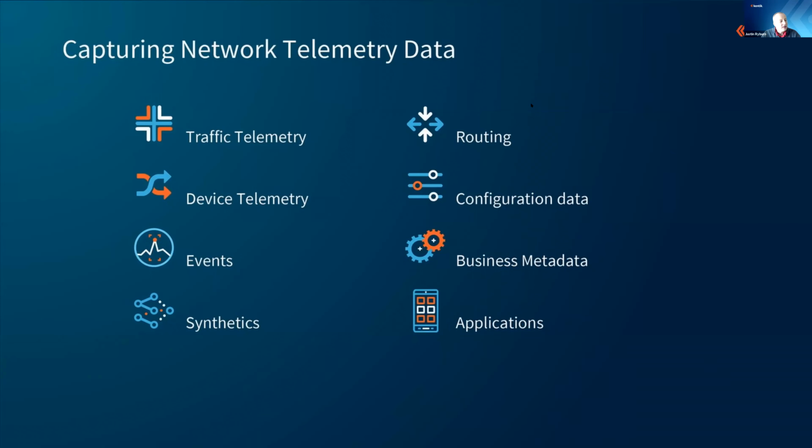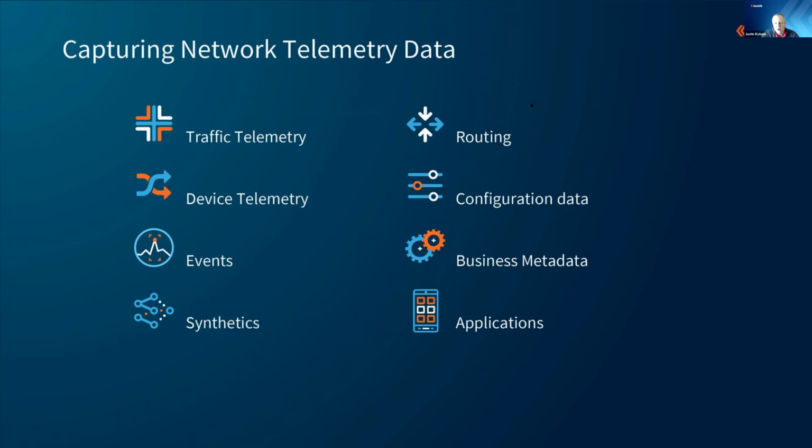So you need that. Device telemetry, so things like CPU and memory, interface errors, buffer depth, all kinds of different pieces of device telemetry that we can get off the router, whether that's sort of the, I won't call it legacy because it's still the vast majority of what we're doing, SNMP protocol.